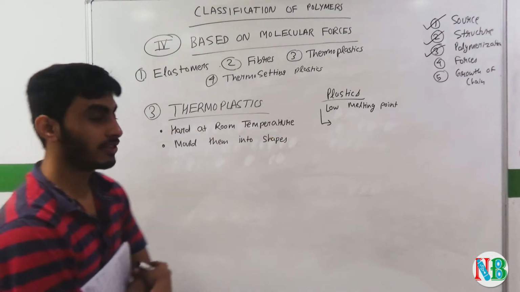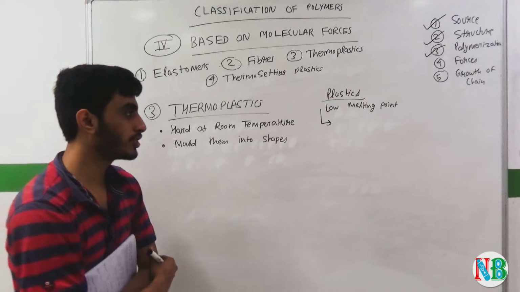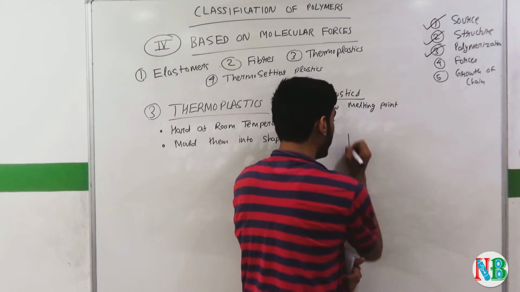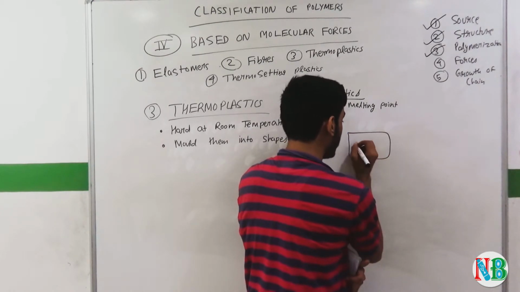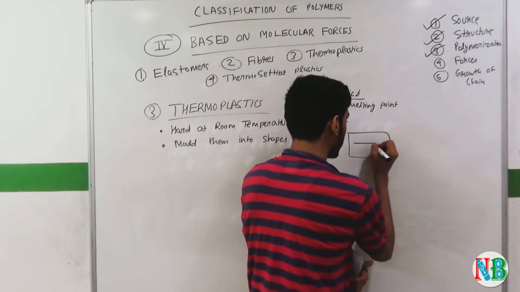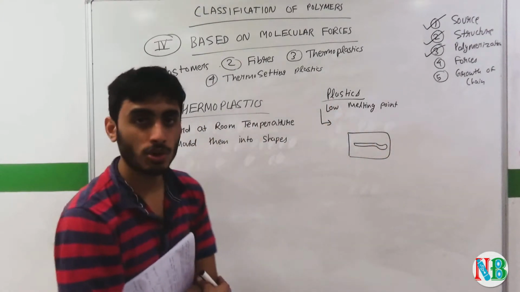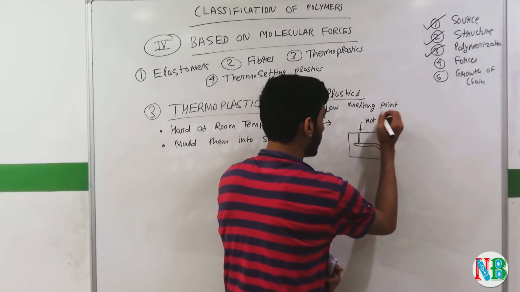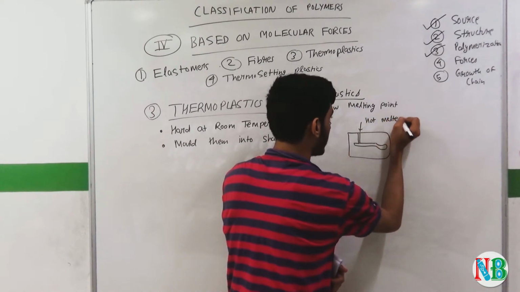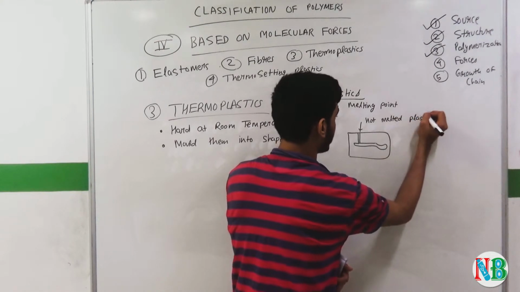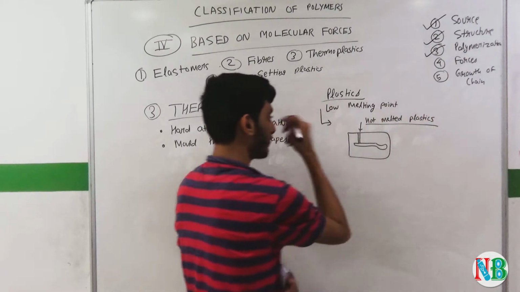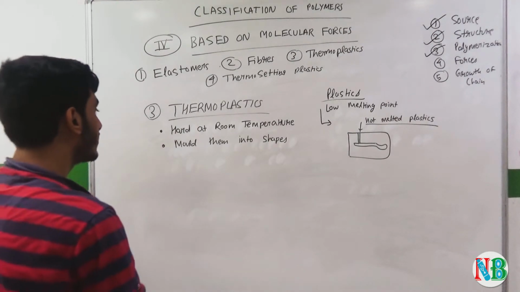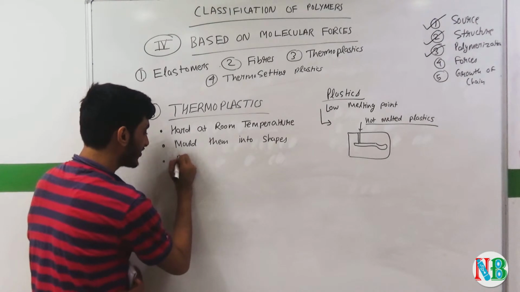Suppose you have a spoon. For the formation of a spoon, you need a mold of the shape like this, and then in this mold you pour hot melted plastic. This process is reversible.